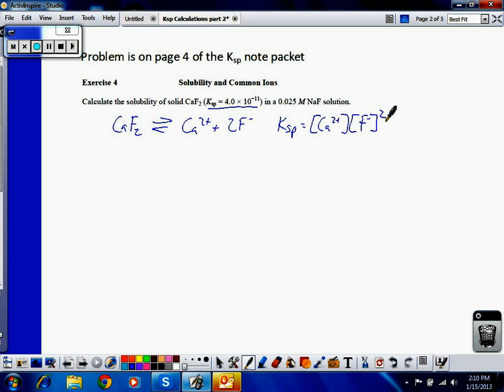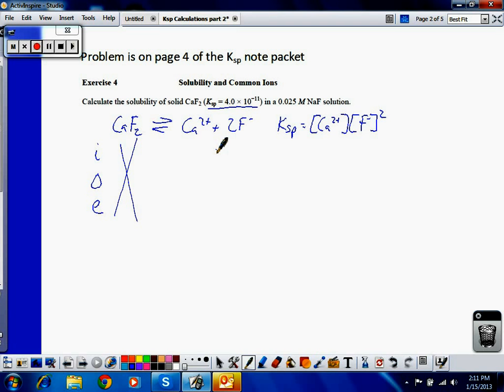Okay, next, I set up my ice table. Again, X to remind me that nothing goes there. So now when I read this problem, before when we were calculating the solubility, there was nothing. We had pure water, so there were no ions there.